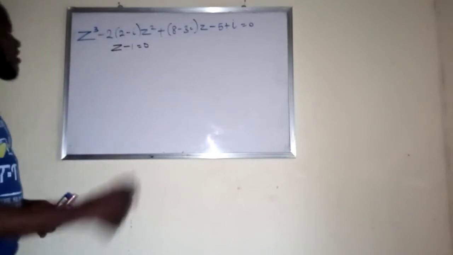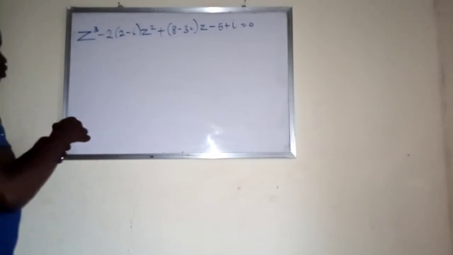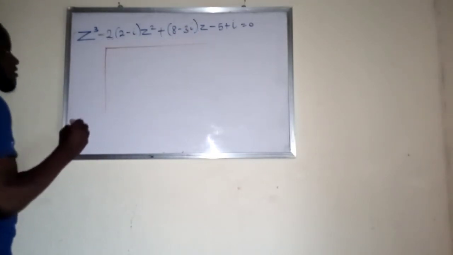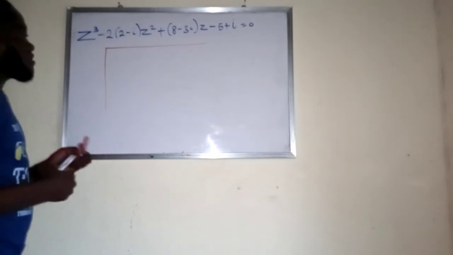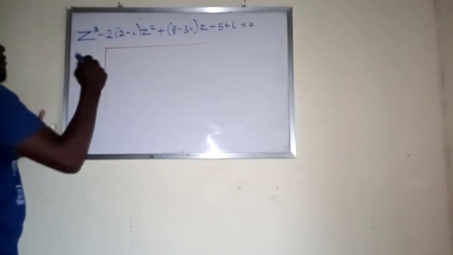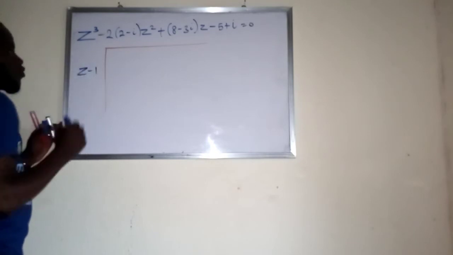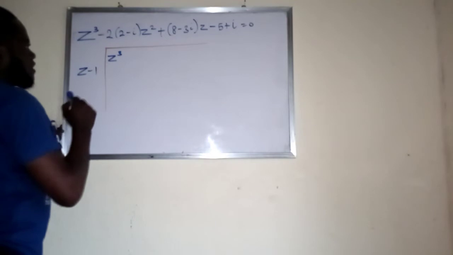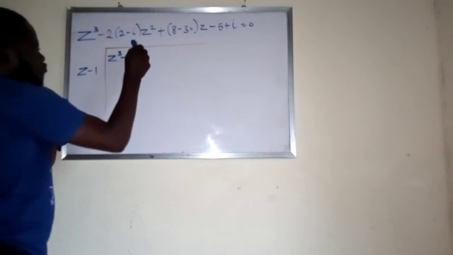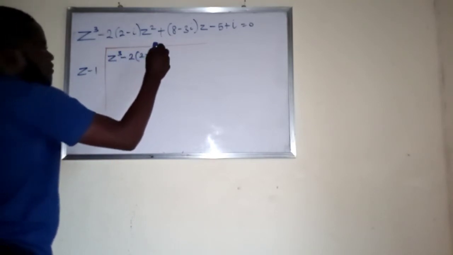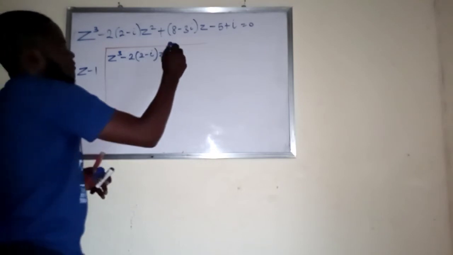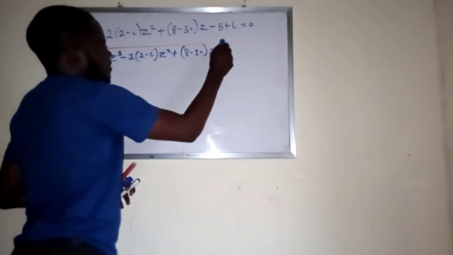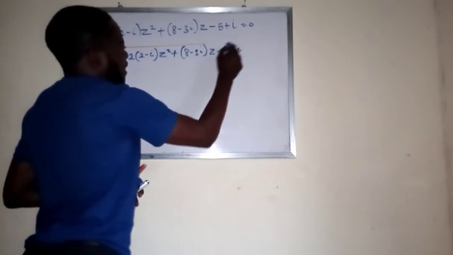So now let's use long division to achieve that. I'm going to have z minus 1, and this particular equation will repeat itself here: z cubed minus 2 into 2 minus i, then z squared plus 8 minus 3i z minus 5 plus i.